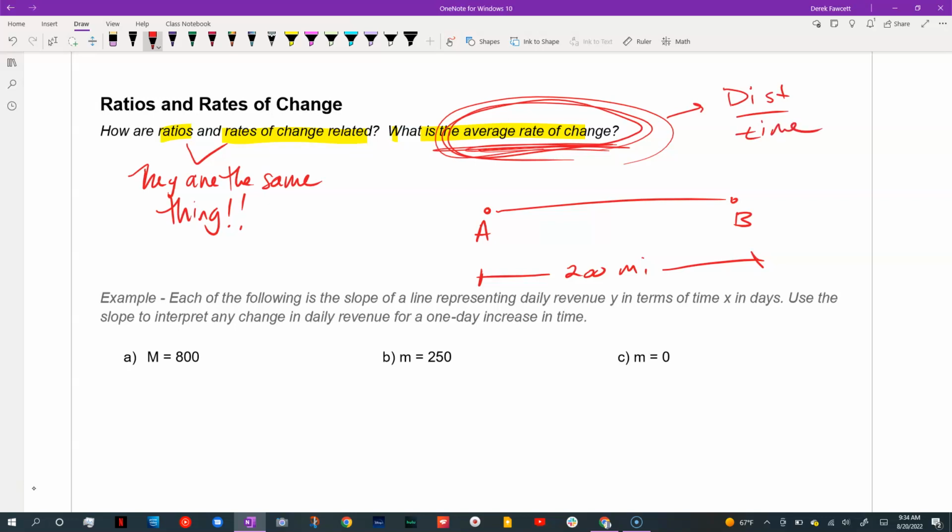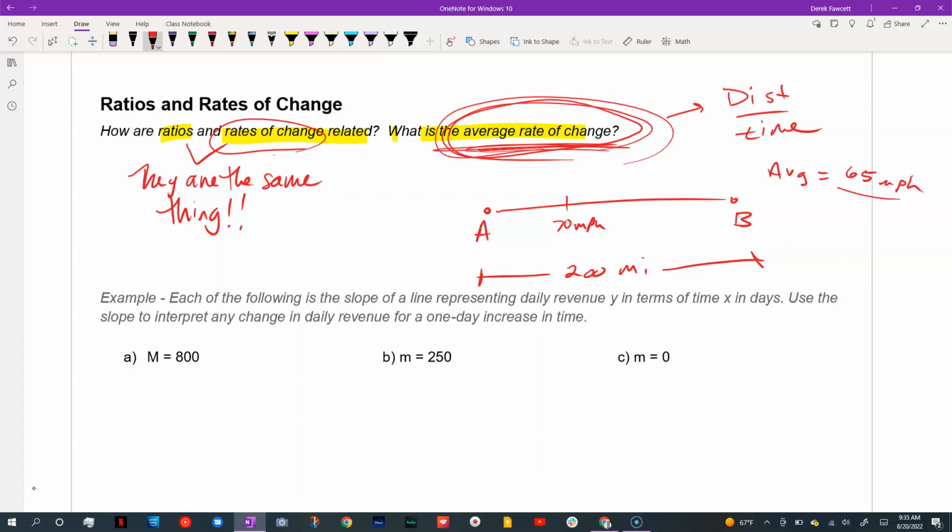Now that's different than the rate of change, because the rate of change means at any given point in time, what is your speed? So that's kind of the difference, because you could be going 70 miles an hour here, but average 65 miles per hour, right?